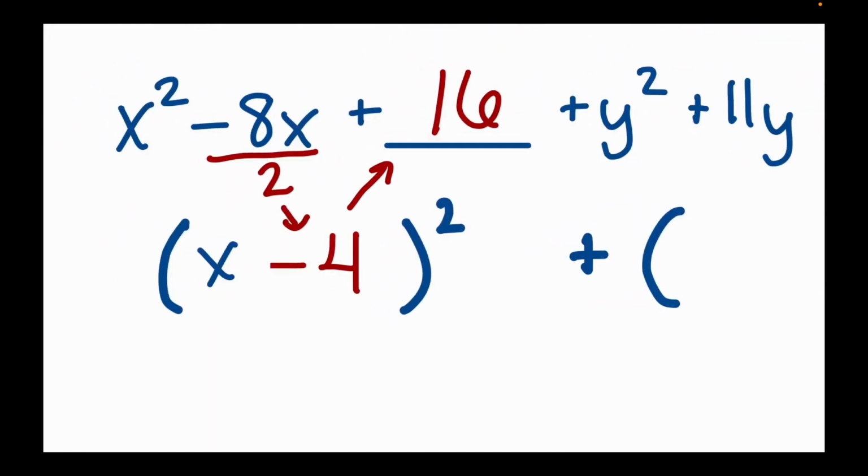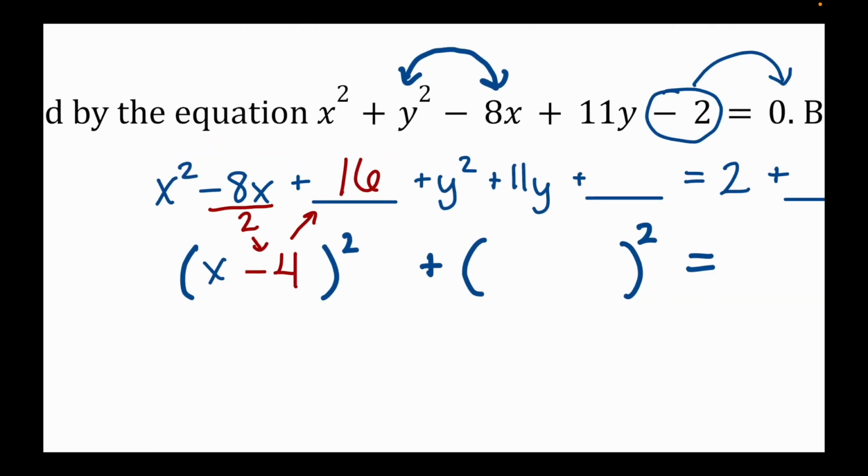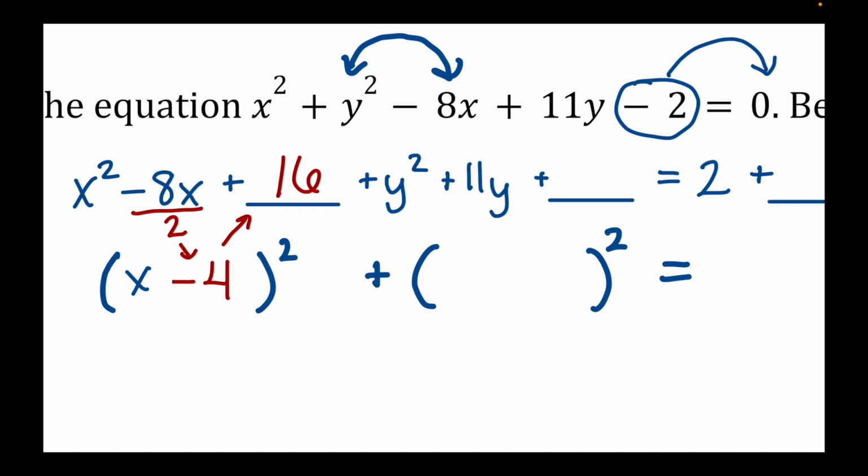I did say we're dividing by 2, but we're also dropping the x off of the side of that negative 8x. We're going to do the same process on the y factorization part. So we'll have y here. Then this 11 is going to get divided by 2.